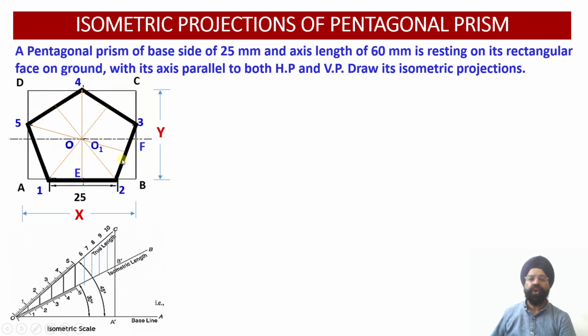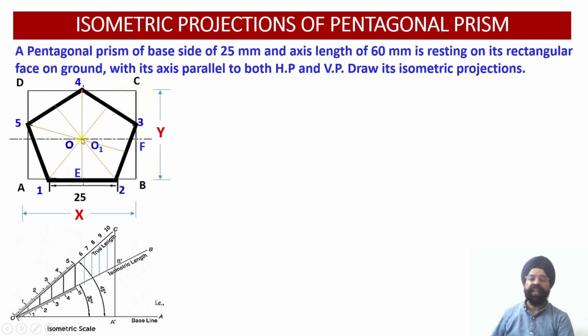So we cannot draw all of these edges straight away onto the isometric projections. There we have to measure the rectilinear distances between different points, and we will be able to work out the locations of all these points, that is points 3, 4 and 5.